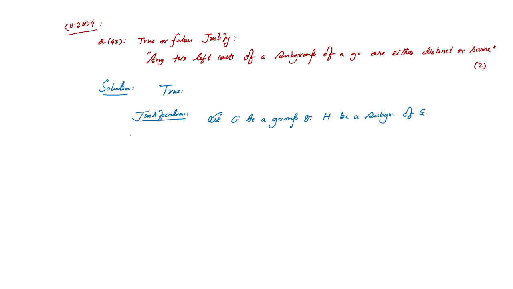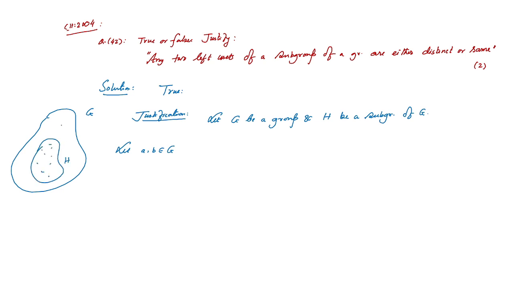So first we just consider, let a, b belong to G. We have taken 2 elements in G, and the subgroup is basically H. We take any 2 elements, one element is a, another element is b, with aH intersection bH not equal to empty set.